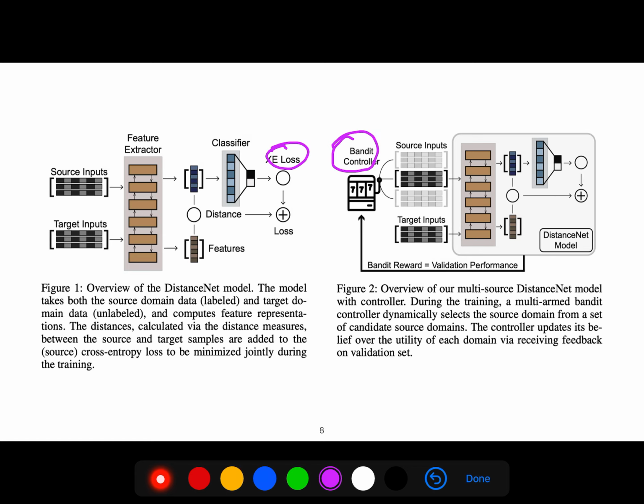During training, a multi-armed bandit controller dynamically selects the source domains from a set of candidate source domains. The controller updates its belief over the utility of each domain via receiving feedback on the validation set.